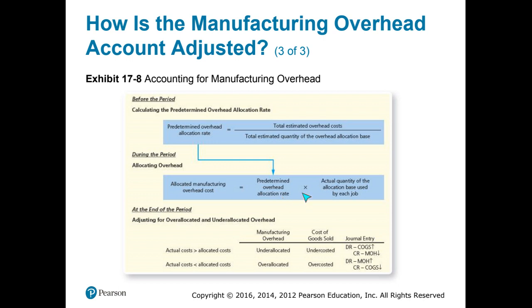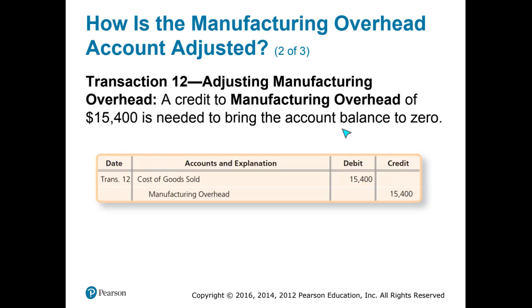We multiply that by the actual quantity of the allocation base used by each job to get the allocated manufacturing overhead cost. And then at the end of the period, we adjust based on if we were over or under allocated. So we adjust for zero, to bring the balance to zero.